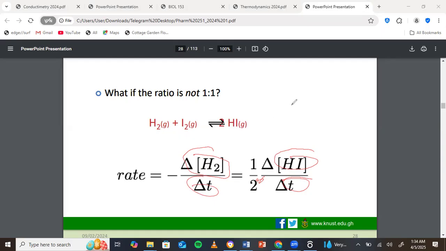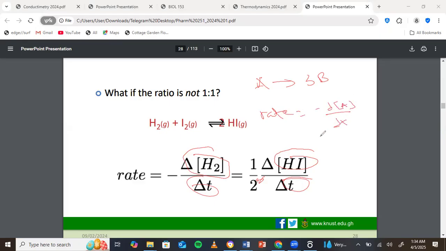Very simple, right? So it just shows that if I have, let's say, A reacting to form 3 B, what is happening is that when 1 mole of A disappears, 3 moles of B appear. And so the differential rate will be equal to negative d[A]/dt in terms of the reactant.